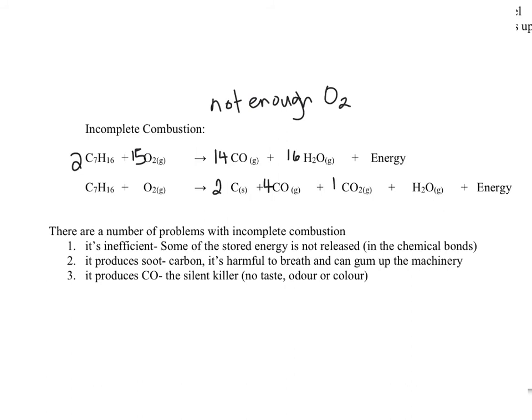I need 8 times 2, 16 hydrogens, and that gives me 8, 9, 10, 11, 12, 13, 14 oxygens on the right. So I need 7 oxygens on the left. And that's balancing complete and incomplete combustion for hydrocarbons.